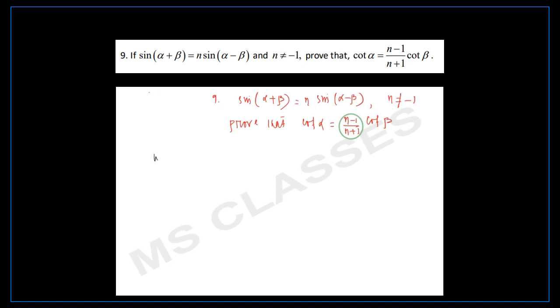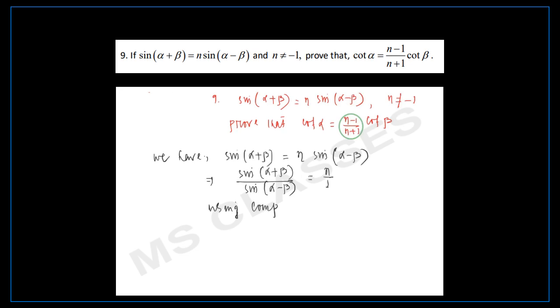So here what we have, from the given expression, sine alpha plus beta equal to n sine alpha minus beta. We can write this one as sine alpha plus beta by sine alpha minus beta equal to n by 1. Now here we'll apply componendo and dividendo.